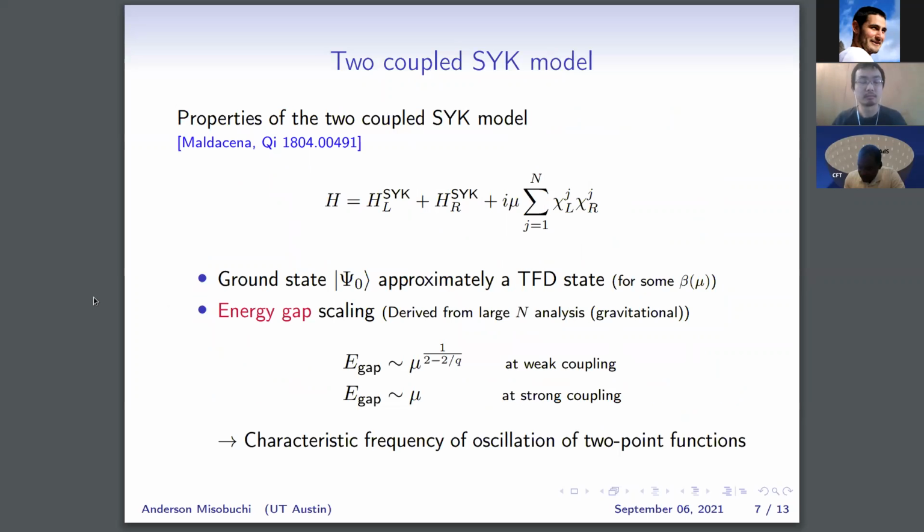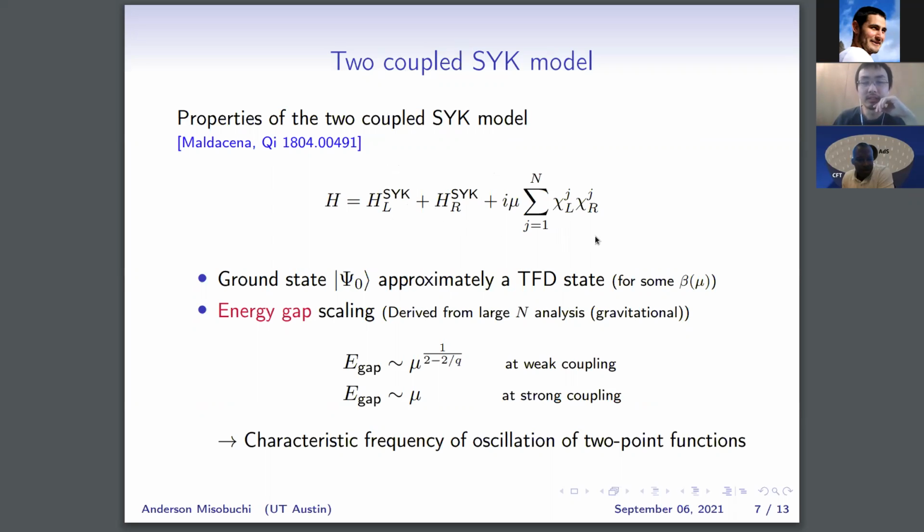Okay, so here, since I'm going to focus on this traversable wormhole, let me just first review what is known for the two-coupled SYK model for the ultra system in the large n limit. Just to remind you, we take two copies of the SYK, left and right.